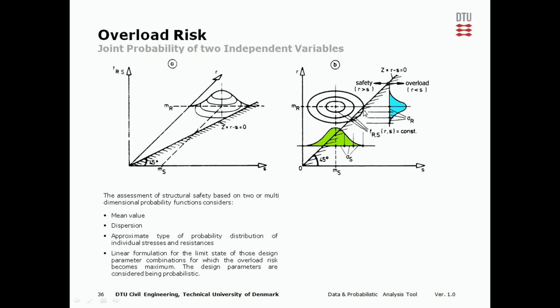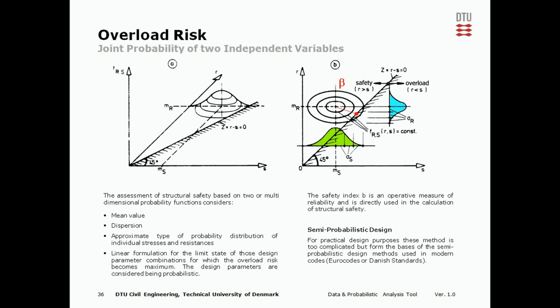So if we look on top of this graph, this area, this volume underneath the joint probability on the side where the stress is larger than the resistance, we get an overload, or an overload risk, to be more precise, and this is defining the safety level in our structure. Which means the larger the center of the joint probability is away from that, let's say, decision line for overloading, the safer our structure gets.